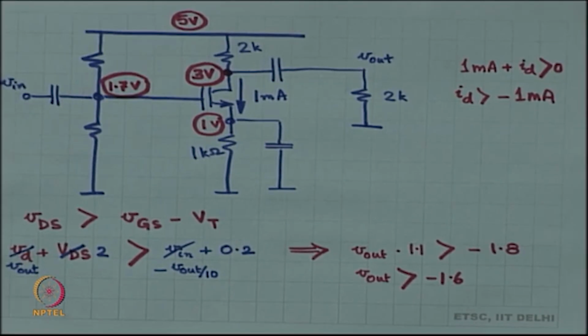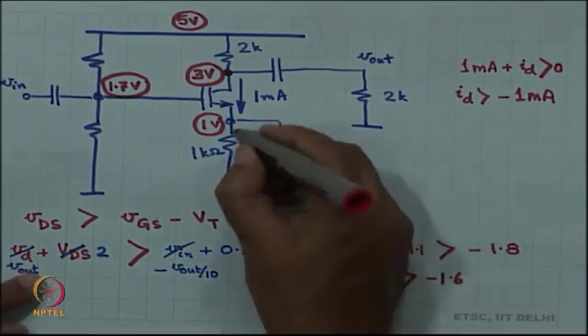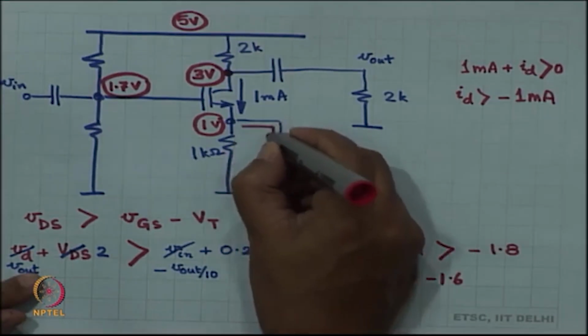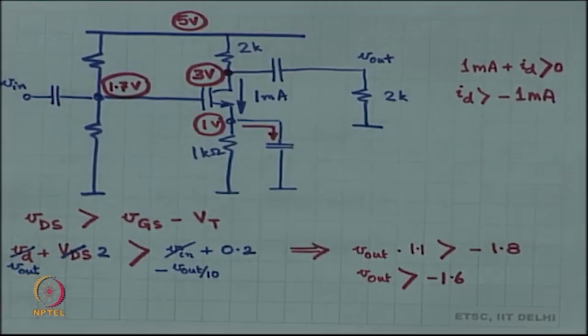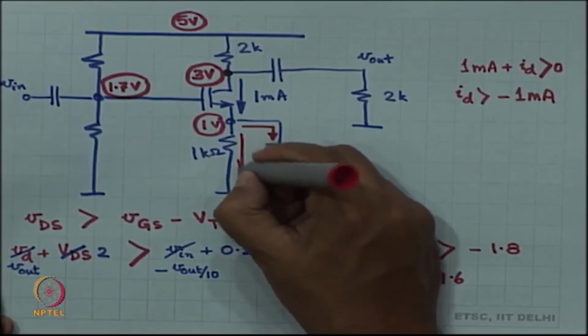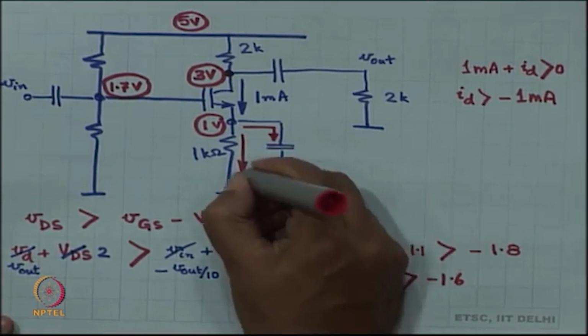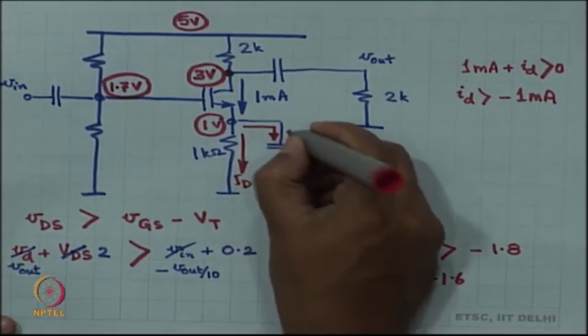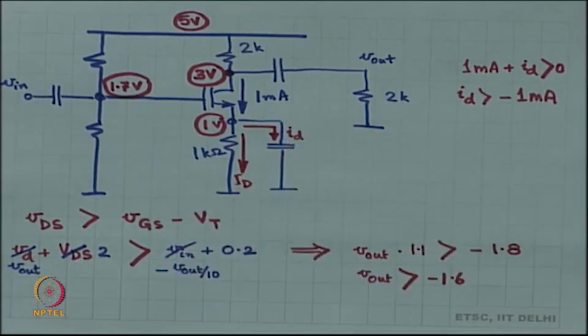Fine. Okay. So, now what is small id? Small id is the current through this capacitor. This is capital ID, this is small id. Okay.